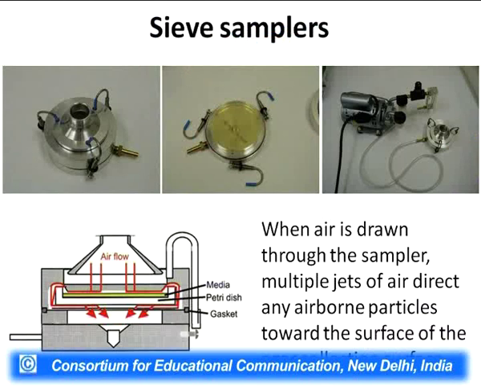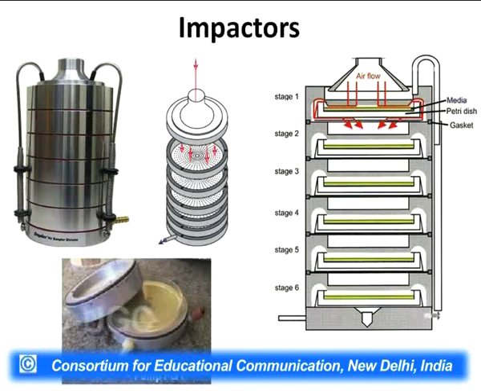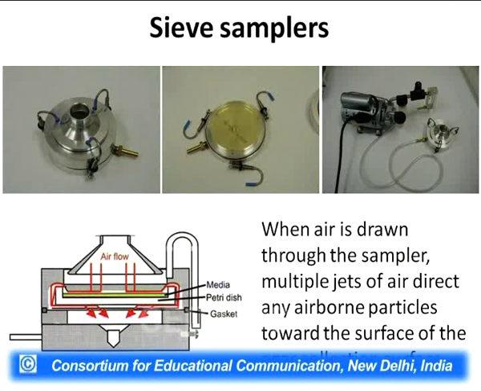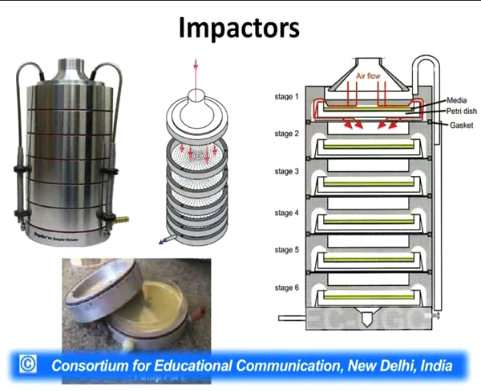So, we can see there is a cascade effect in the sampler, and with that cascade effect the particles are deposited onto the agar plate. On the right side there is a complete picture of the sampler, which is equipped with a motor or pump tube. So, this was the example of a one stage sieve sampler.